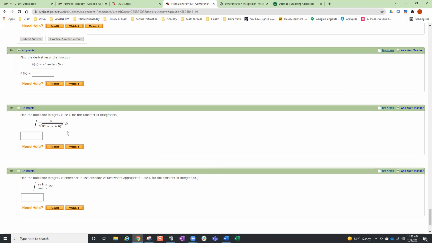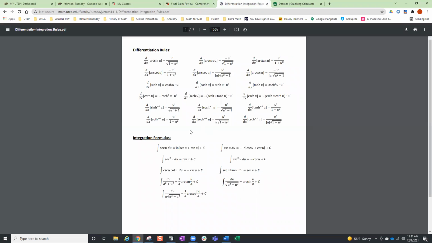I think we talked about something similar to this in yesterday's review of exam 3. So instead, I see a square root in the denominator. This part is square. I'm subtracting. This part is square. Seems pretty reasonable. It's going to be an arc sine formula. Not hyperbolic. Arc sine, right?